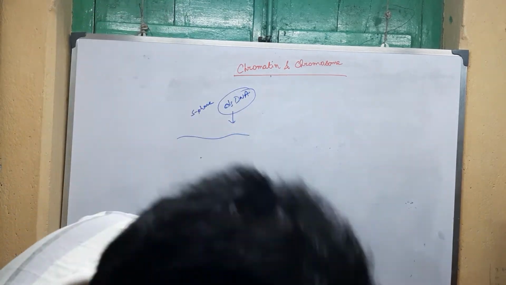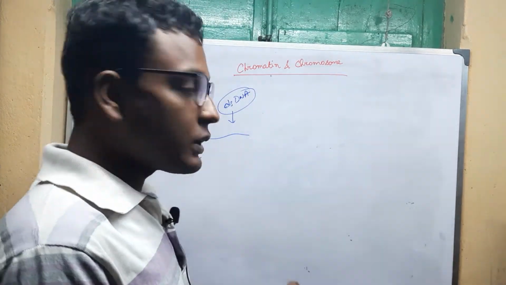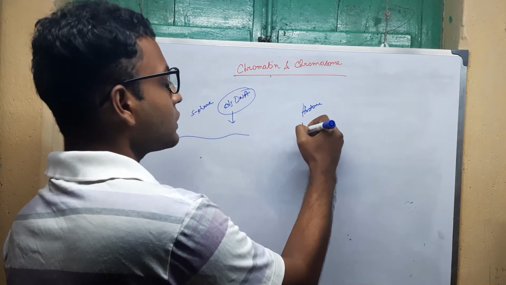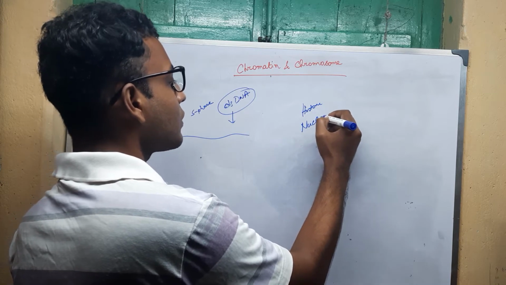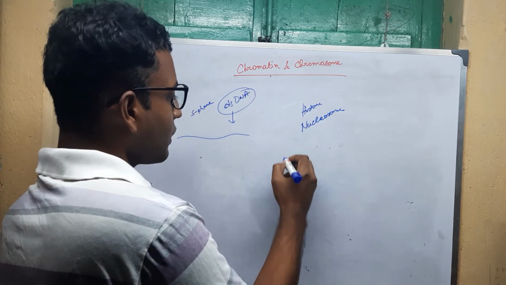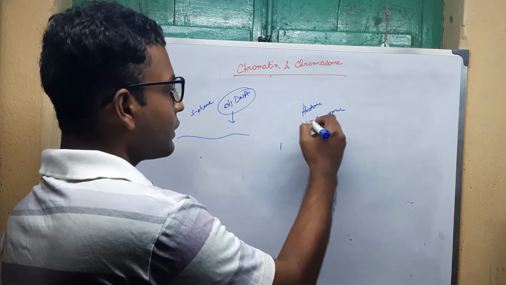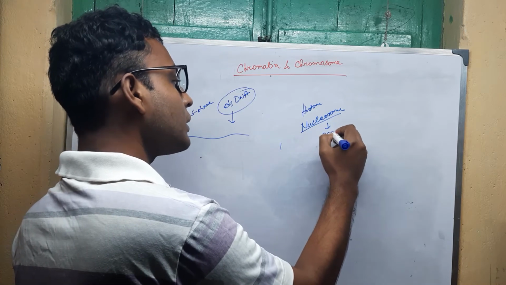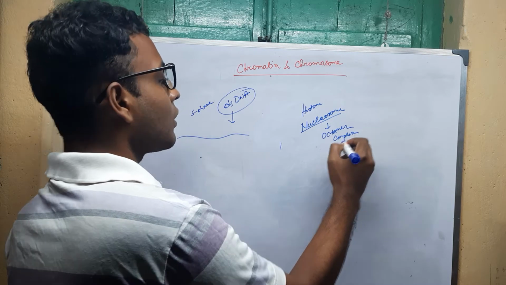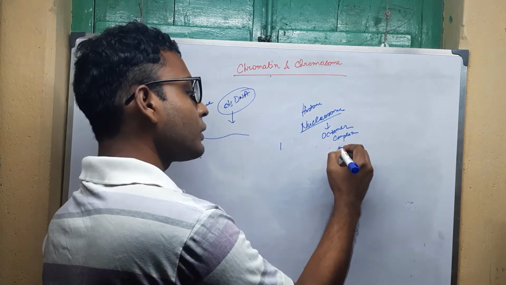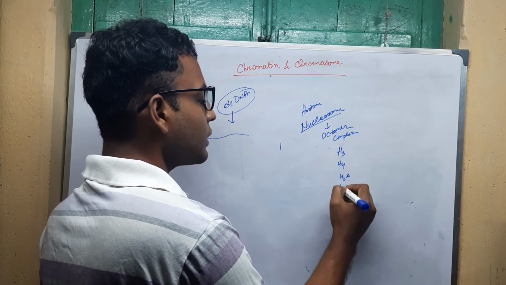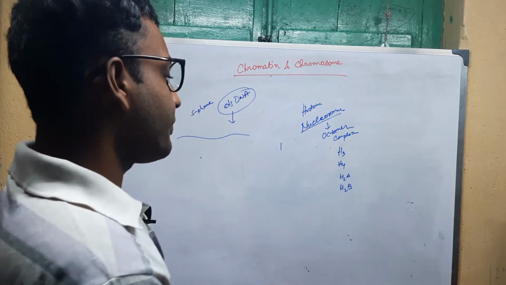Now if we look at the structural composition of histone, or say nucleosome, we can see that the nucleosome is actually an octamer complex of four types of histone proteins, that is H3, H4, H2A and H2B.